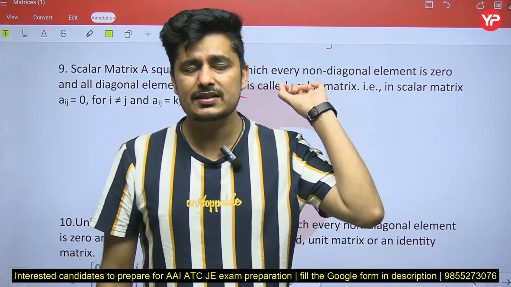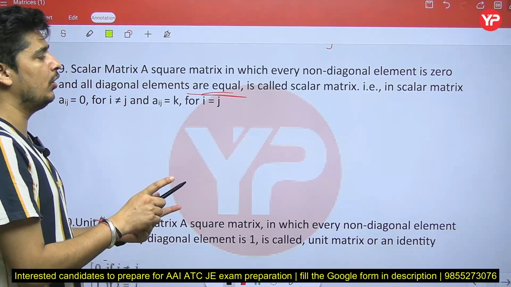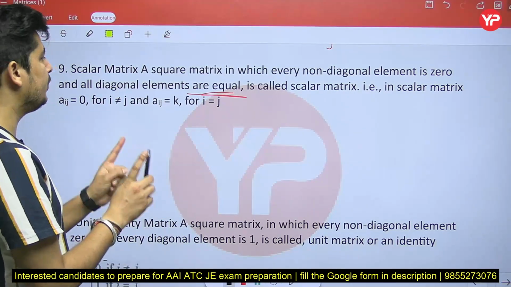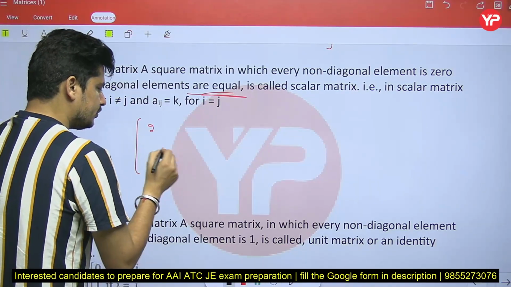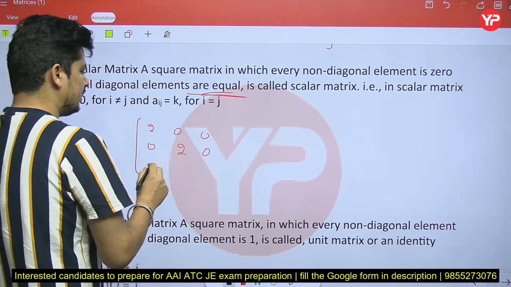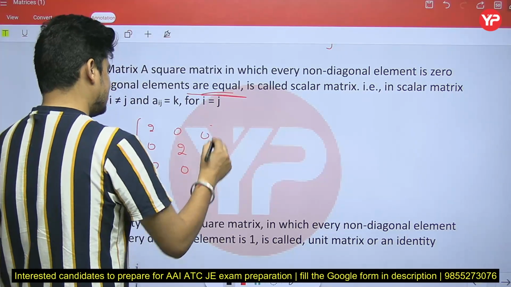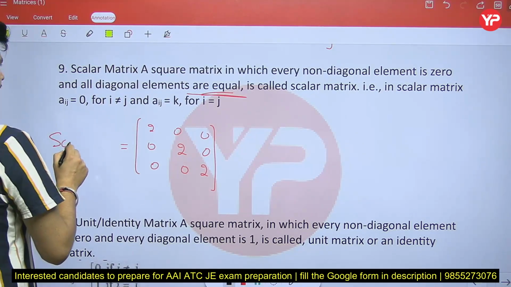But inside this scalar matrix, the diagonal elements are non-zero, and the diagonal elements should be equal to each other. So we will have 2, 0, 0, 0, 2, 0, then 0, 0, 2. This is your scalar matrix, right?